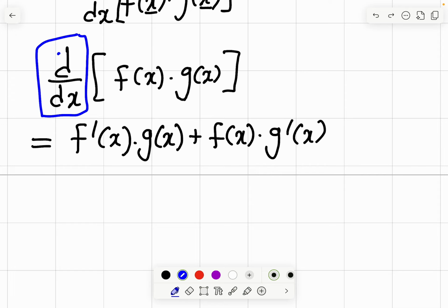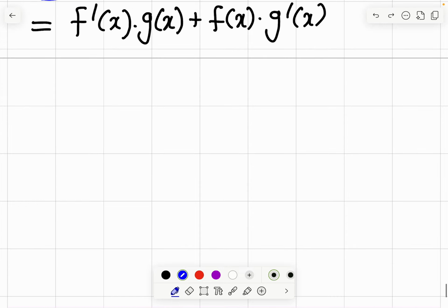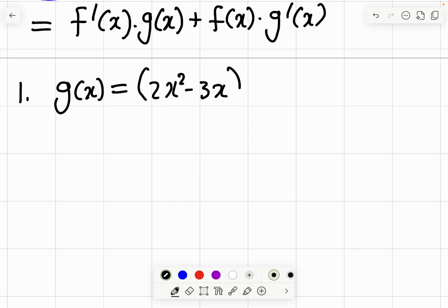Let's check a quick example of how to derive a function that has a product. Number one, I have this function, g of x, which has variables of x. I have 2x squared minus 3x, multiplied by x to the 4 minus x to the 5.